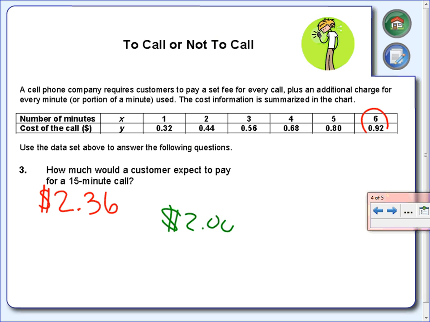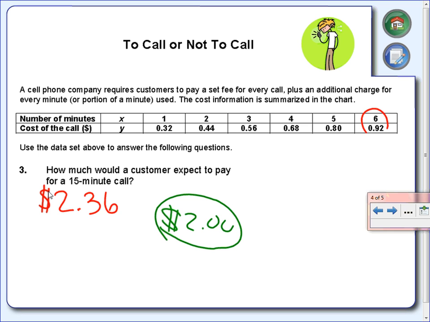Put that in your calculator. Once you got that in, go to your table. Second graph. Go to your table. And what you're going to see is this same exact table with many, many other ordered pairs. So what do you see right next to 15 in your calculator? You see your $2 here. So that would have been a second option.